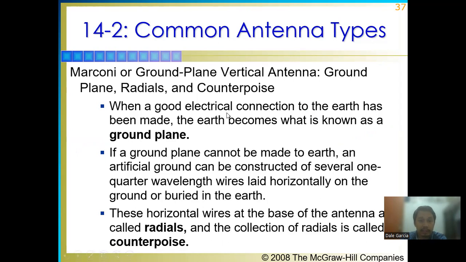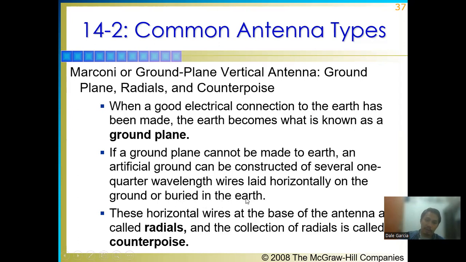When a good electrical connection to the Earth has been made, the Earth becomes what is known as the ground plane. The ground plane cannot be made to Earth. An artificial ground can be constructed of several 1/4 wavelength wires laid horizontally on the ground or buried in the Earth. Usually, in practice, they are buried in the Earth.